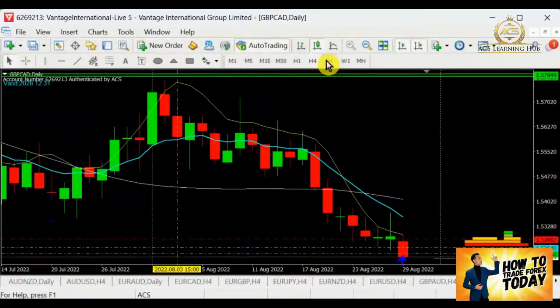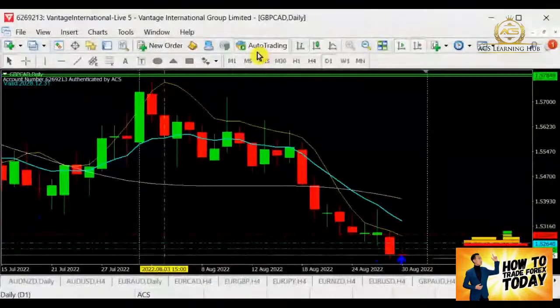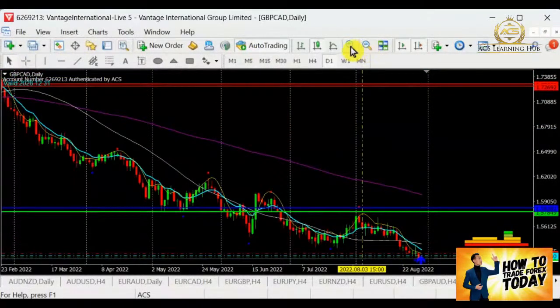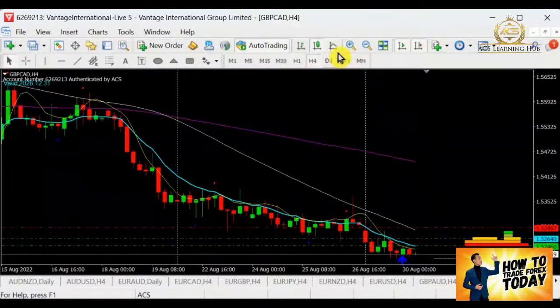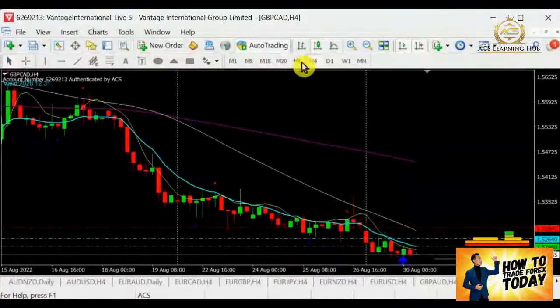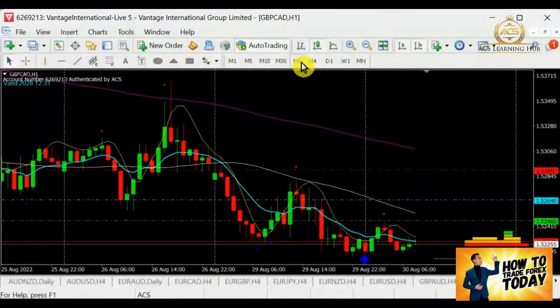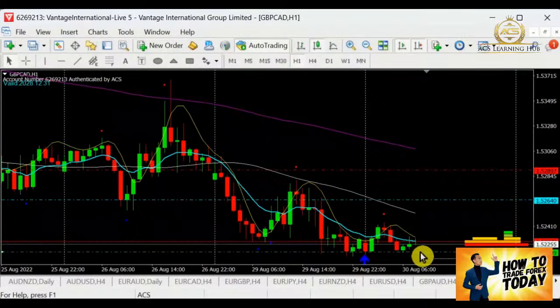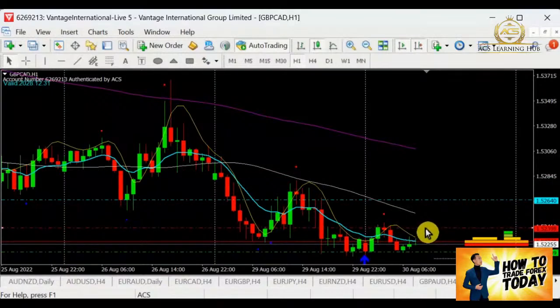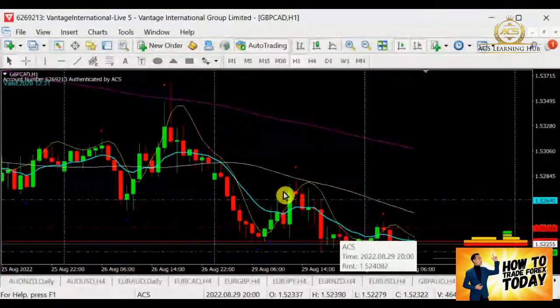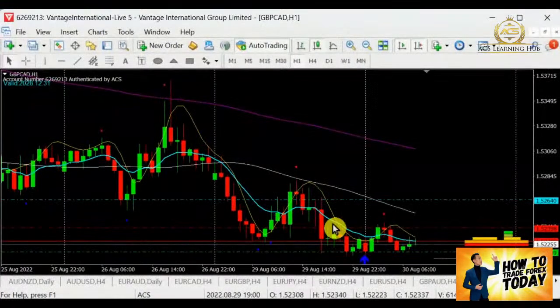How about Pound CAD? Pound CAD, we are still in the bear, still on the verge of selling. Tentatively we have a support over here, very close, and a resistance up here. So we are in the middle of nowhere.